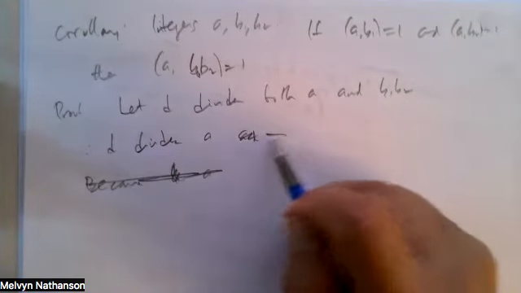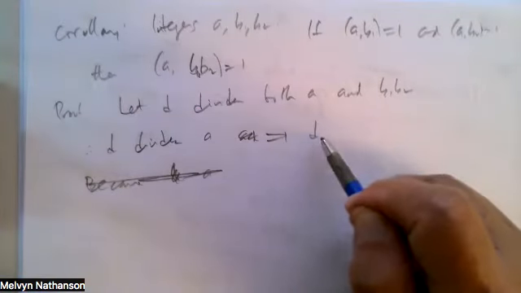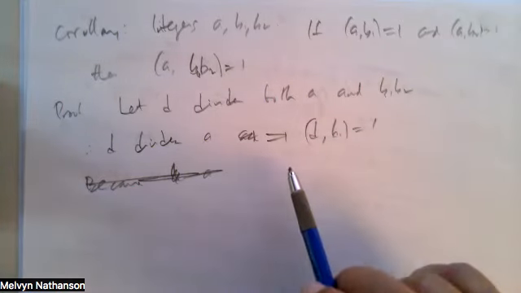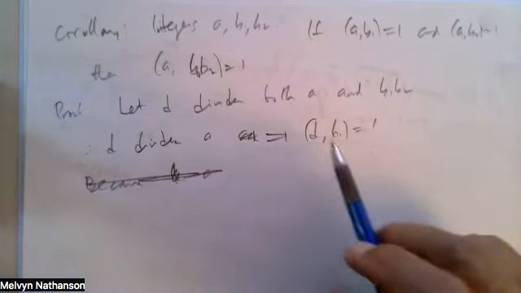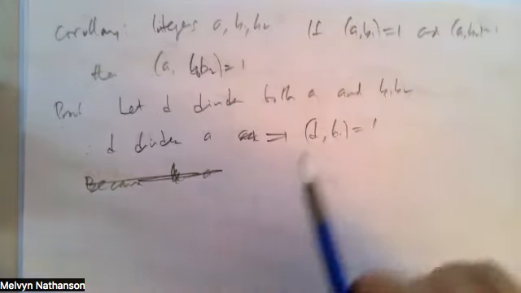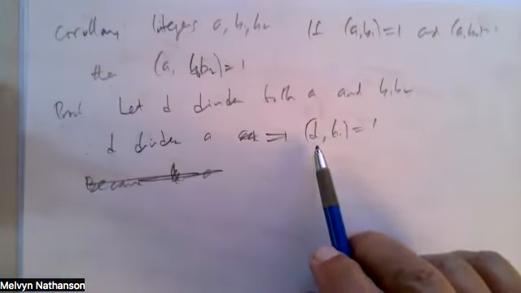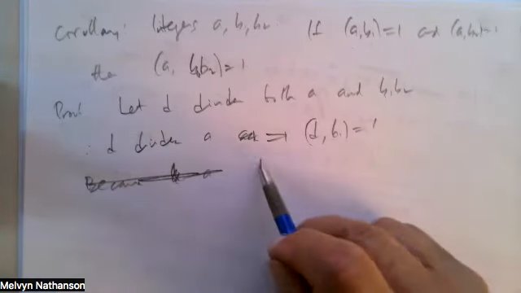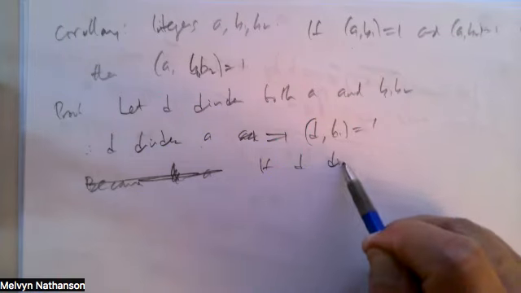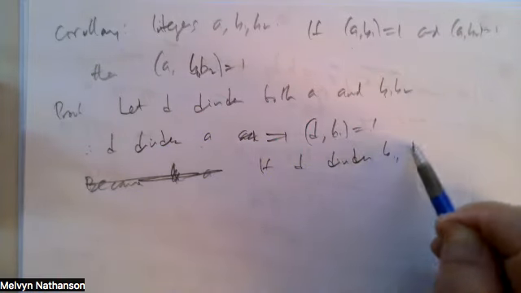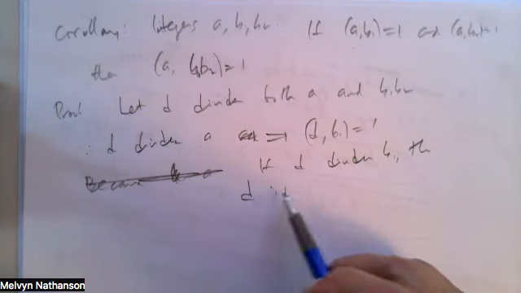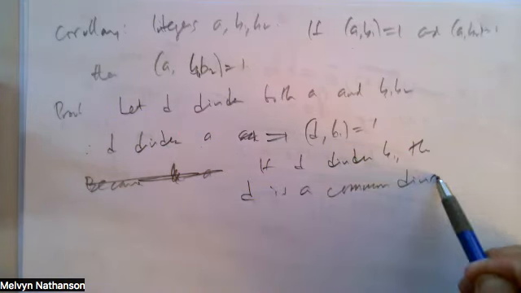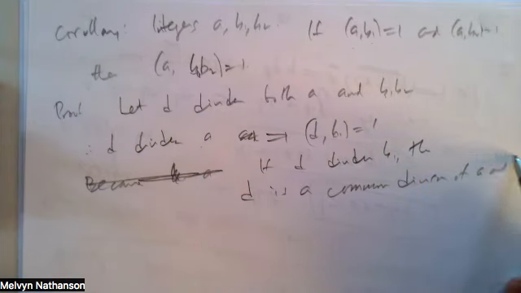D divides A, and so D and B1 must be relatively prime. Let's see, why is that? So A and B1 have no common factor. D divides A. If D divides B1, then D is a common divisor of A and B1.